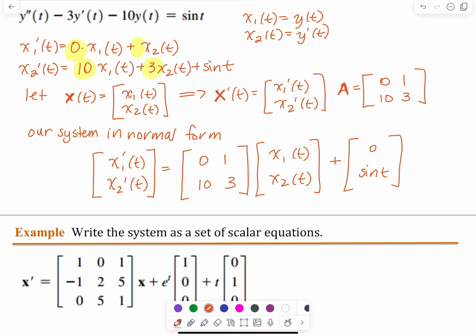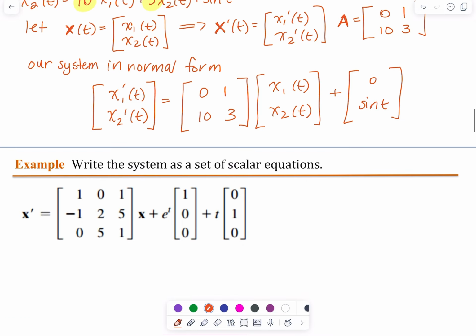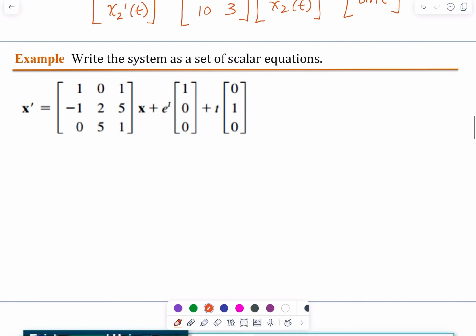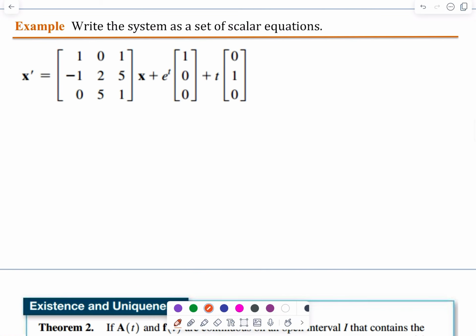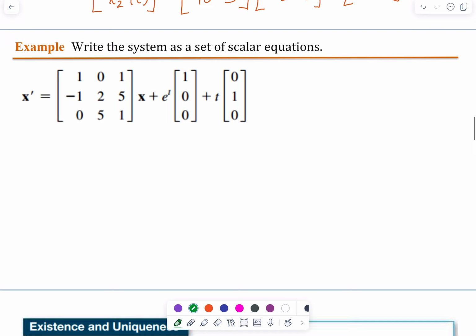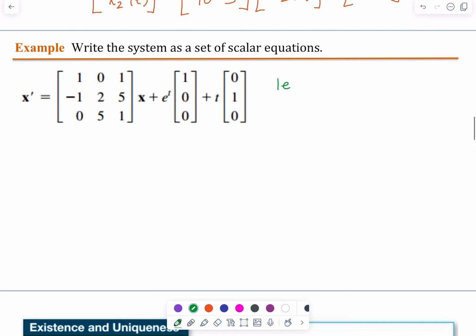Okay, let's take a look at the next example. Write the system as a set of scalar equations. So now we're doing the opposite of what we just did. So what we can say is that we are going to let x of t equal the vector x1 of t, x2 of t, and x3 of t.